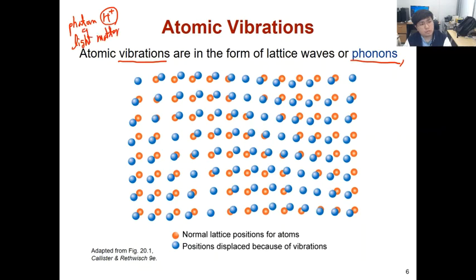We use phonon. A phonon is a vibration of the atomic motion. When you understand the phonon, in other words, you know the vibration motion of the atoms. So it's strongly related to the dynamics.